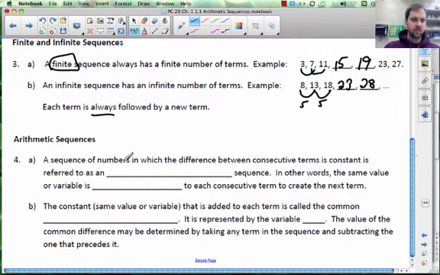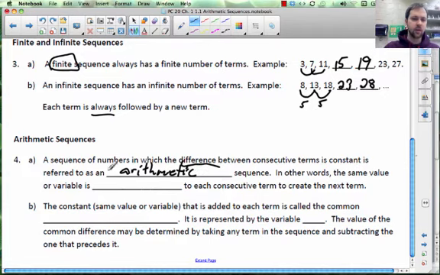So, arithmetic sequences. A sequence of numbers in which the difference between consecutive terms is constant is referred to as an arithmetic sequence. Okay, we will differentiate this from another type of sequence we're going to look at later.